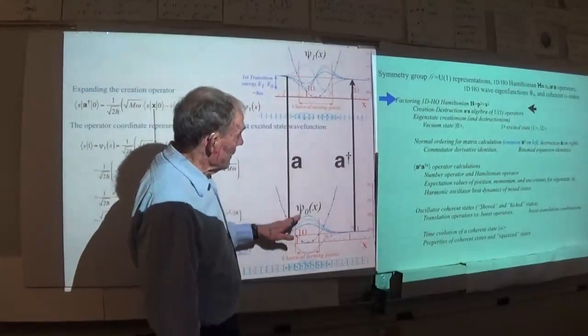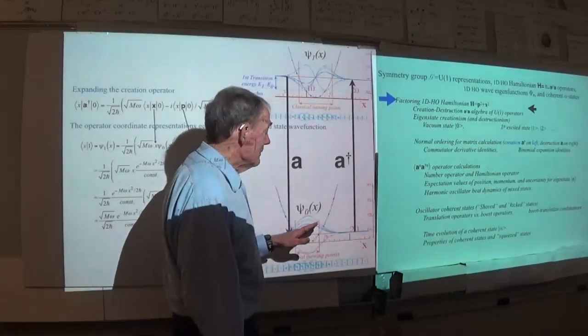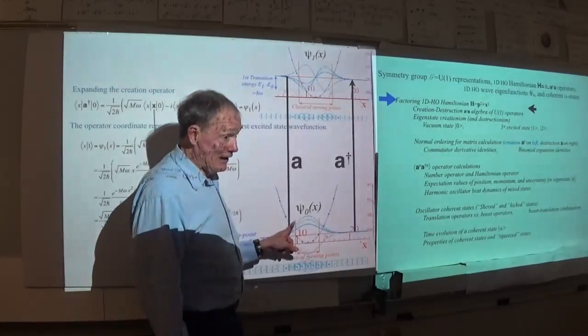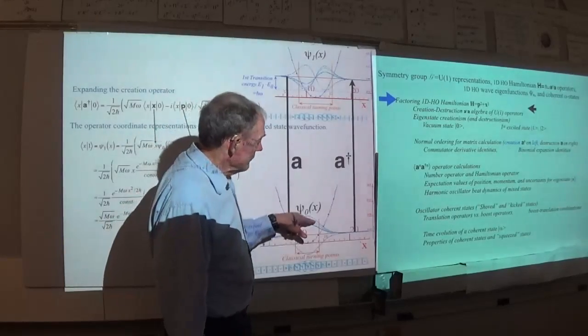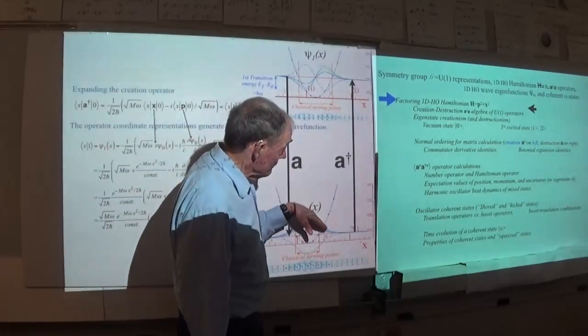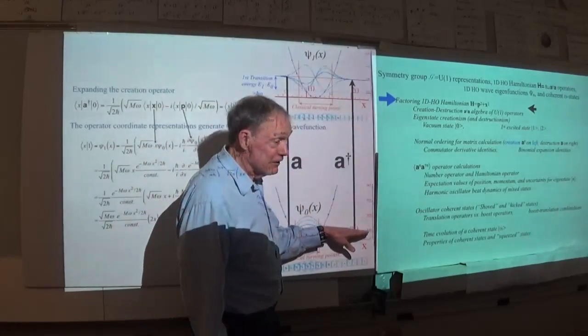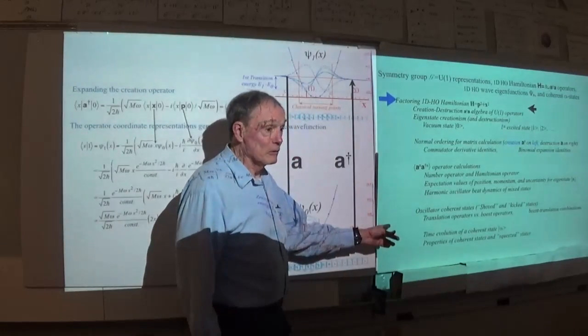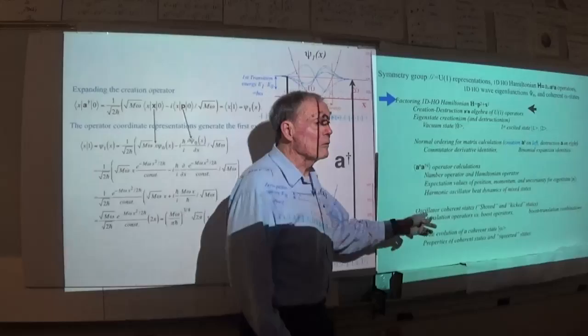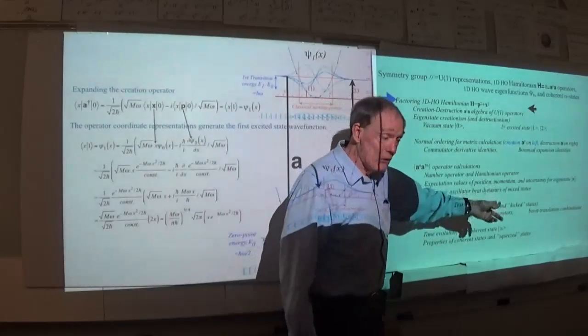Well, this wave is, in principle, not zero anywhere in the universe. It just happens to have a curvature that's exponentially decreasing. So out here it's really, really, really small, and here it's really, really, really, really small, and so on, right?